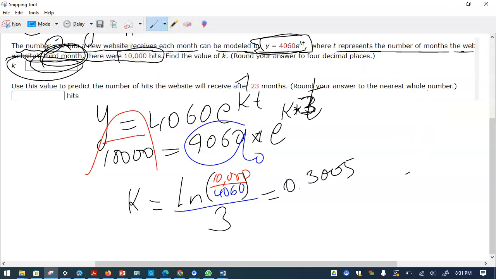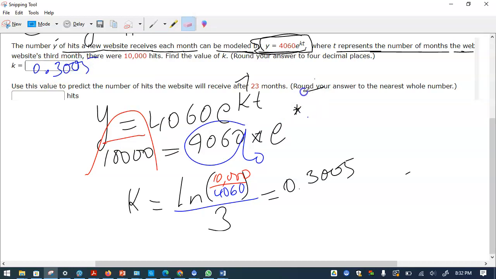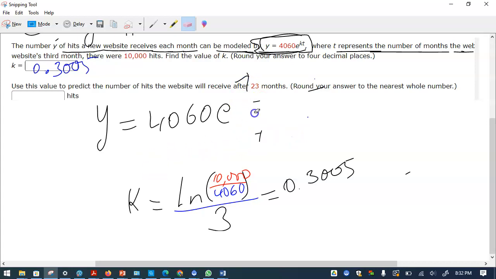So this k will be, because the first question is what is this k, right? So we write 0.3005. And the second question is, now that we have this k, I'll replace it in the main equation.